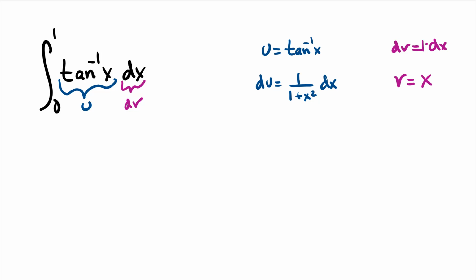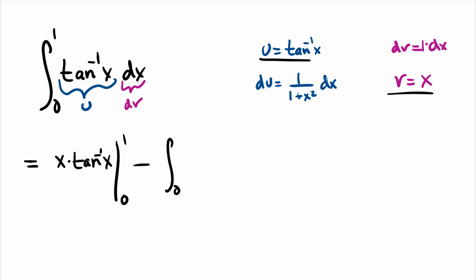All right, so now we got to do our u times v minus the integral of v du. So we got our u times our v. That's x times inverse tangent of x. But we have to evaluate it now from 0 to 1. Minus the integral from 0 to 1 of our v du.